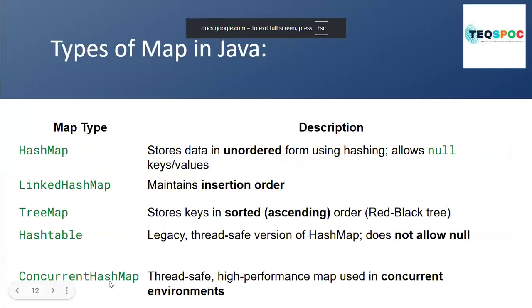Now we have seen map. The most important question nowadays, basically asked from 3 to 4 years of experience, in every interview, is what is a concurrent hash map. It allows concurrent access to the map. It means only a part of the map, called a segment, gets locked while adding or updating.